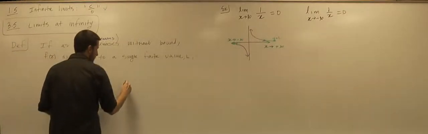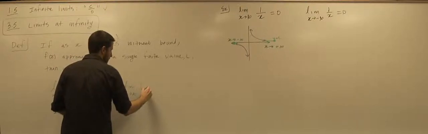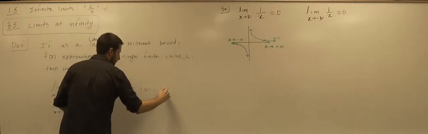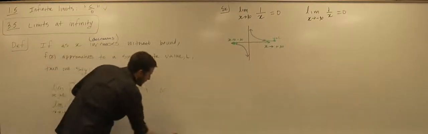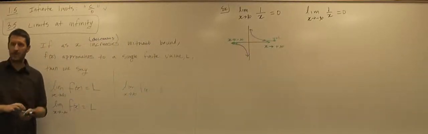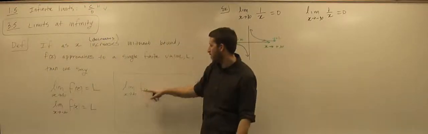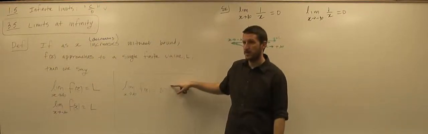It's possible that you can have a limit as x goes to infinity of f of x equal infinity. So how would this happen? X squared. Right, so this is saying as x increases without bound, y increases without bound.